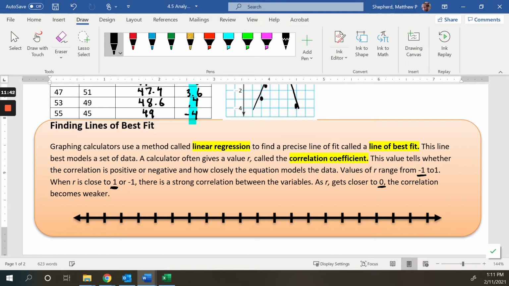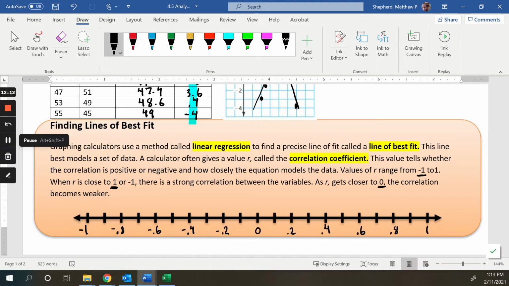Okay, there is no variation. They line up perfectly. That is a perfect correlation. So the closer you are to a 1 or a -1, the stronger the correlation is. The closer you are to 0, the weaker the correlation is. So we're going to go ahead and label a number line to talk about the strength of the correlation.